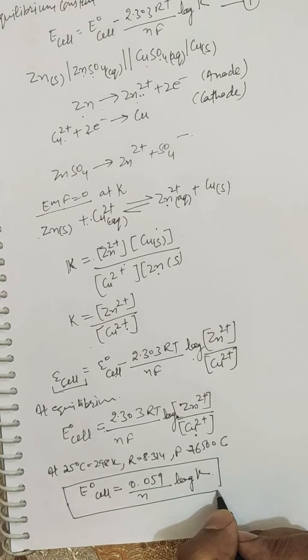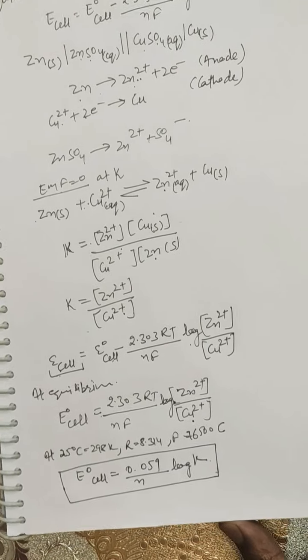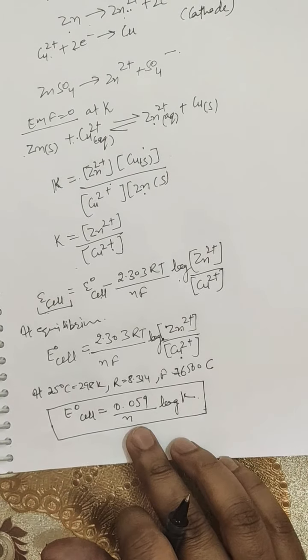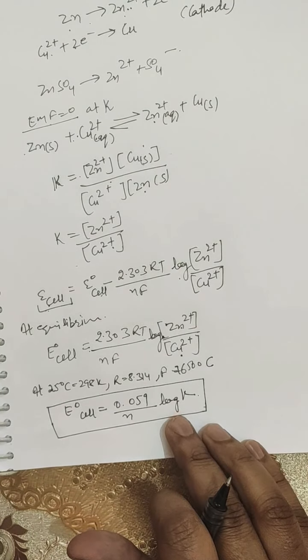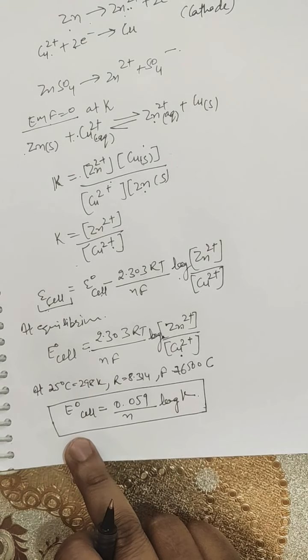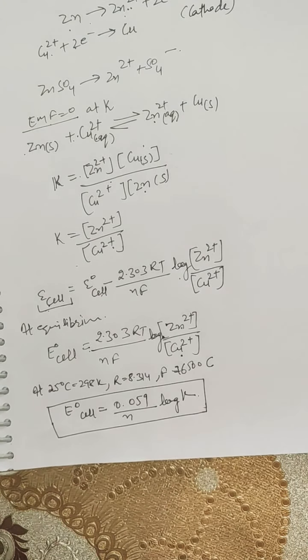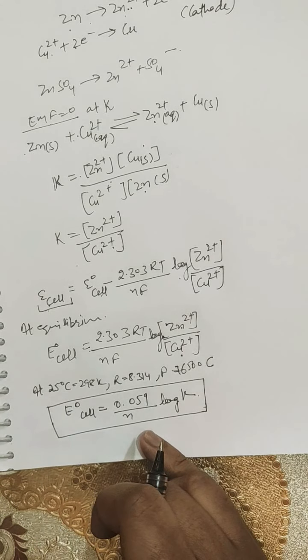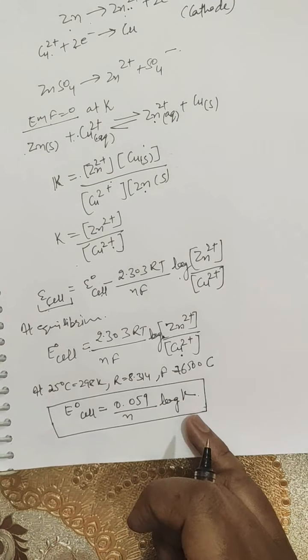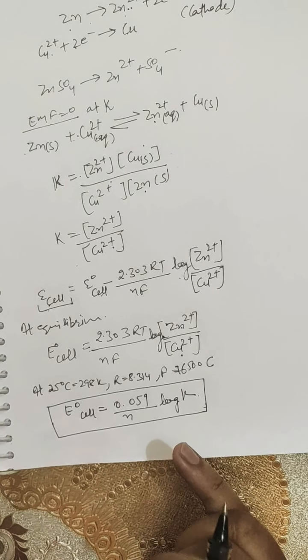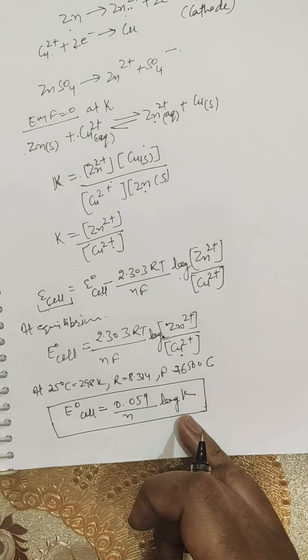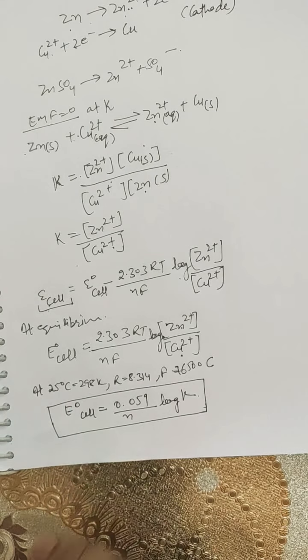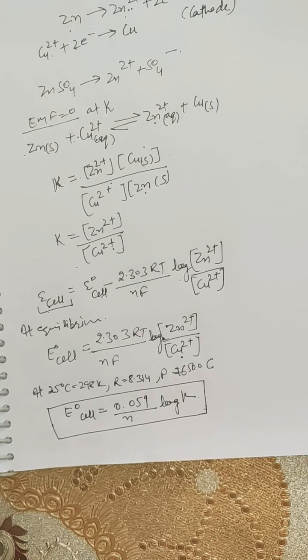So this is how the equilibrium constant is determined with the help of the Nernst equation in the case of a cell. You can be asked in the exam to determine the expression for the equilibrium constant with the help of the Nernst equation in case of a cell.